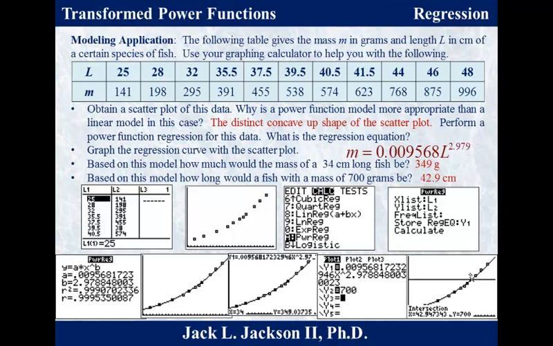So it makes sense that the mass should be proportional to the cube of the length. And that's almost what we have here. We have the mass proportional to not length to the third power, but length to the 2.979 power, approximately cubed there. So very, very close to a cube, and that makes sense in the context of the problem.